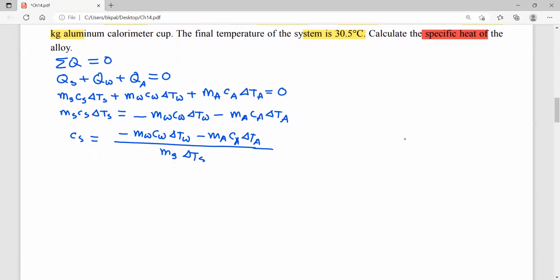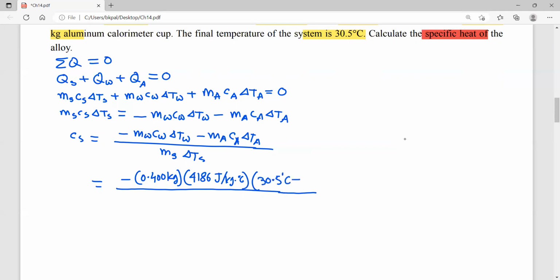Let's do it one by one. m_w means the water, so water's mass is this. Water's specific heat capacity is this. And delta T for water: water initially was at 10 degrees Celsius, and the final temperature is 30.5 degrees Celsius, so 30.5 minus 10.